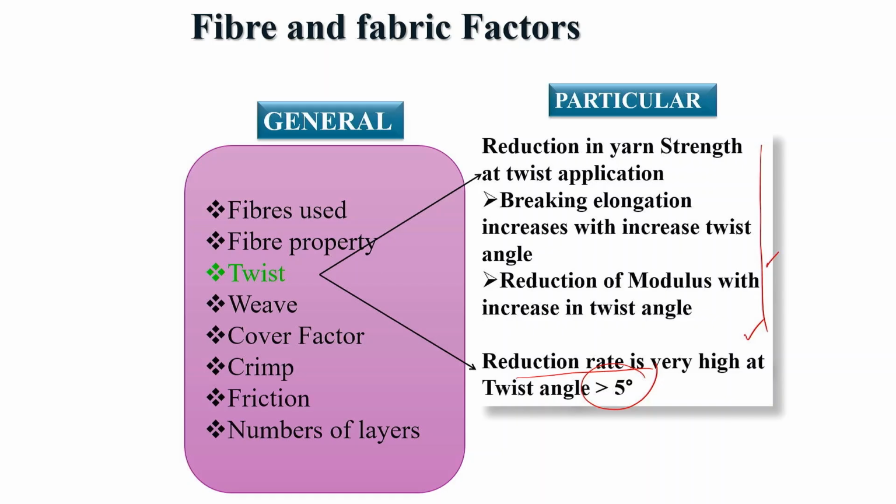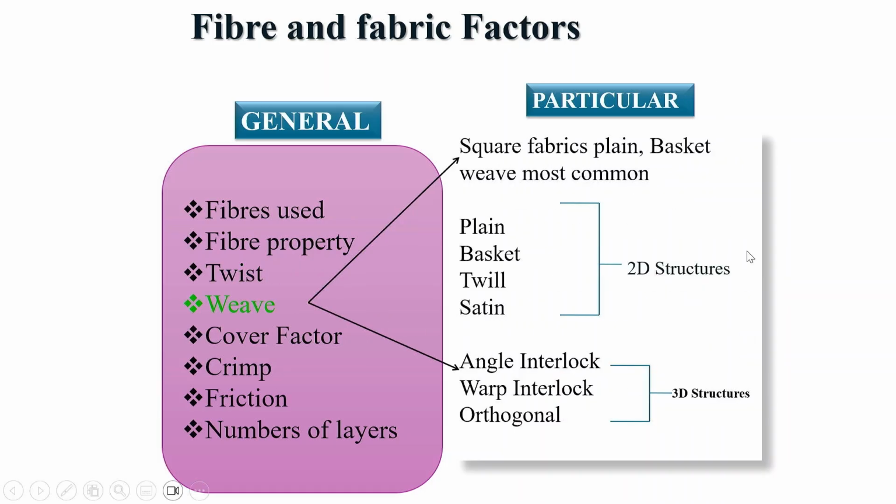Next is the weave pattern. Weave pattern actually affects the ballistic characteristics to a greater extent. So, we have two different types of weaving pattern: one is 2D structure and another is 3D structure.